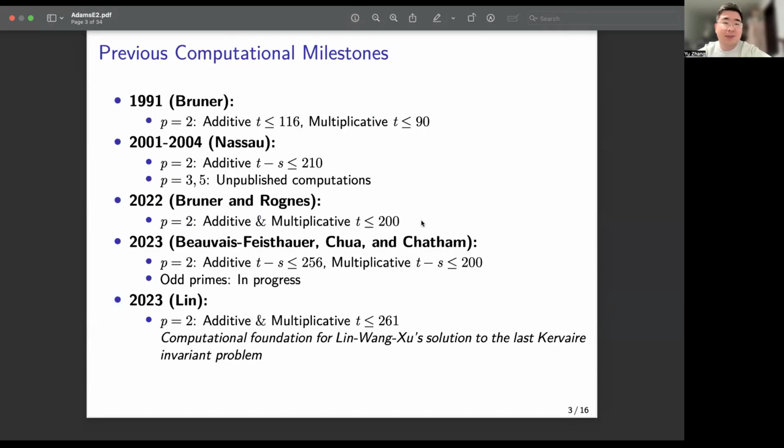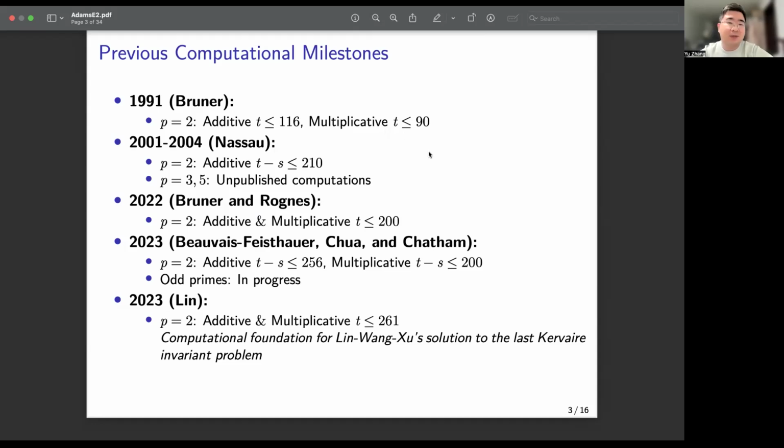And actually, there has been a lot of research in this direction. Most of them were concentrated in p equals 2 computations. For example, in 1991, Bruner already computed the additive structure up to t bounded by 116 and multiplicative structure up to t less than or equal to 90.